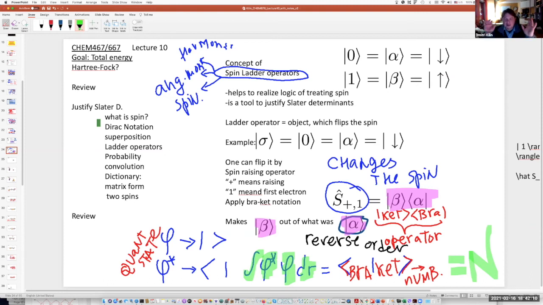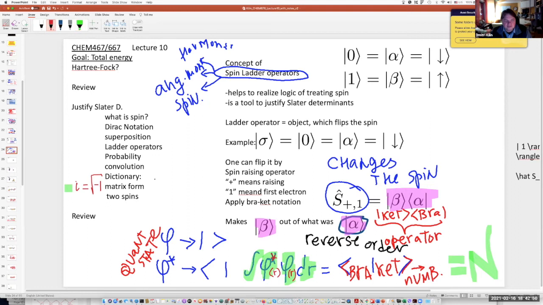So any wave function must be normalized, must have the property of normalization. If we take the wave function phi of r and we take the wave function phi star, which means if the function contains the imaginary unit i, which is the square root of -1, then star means flipping the sign in front of i.